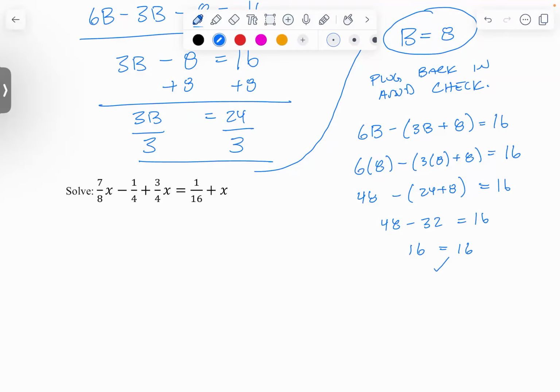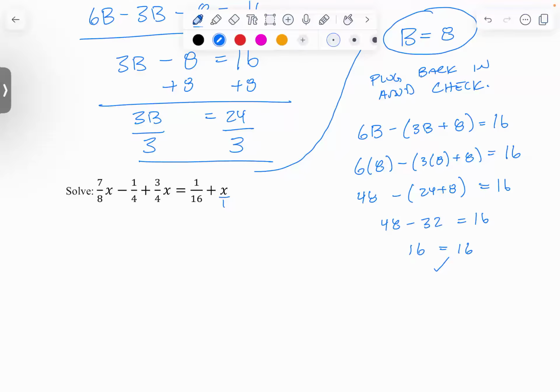Let's look at another one. Fractions are our friends. Don't get all messed up with some simple fractions. Take it one step at a time. Notice I see my denominators as 8, 4, and 16, and of course 1.